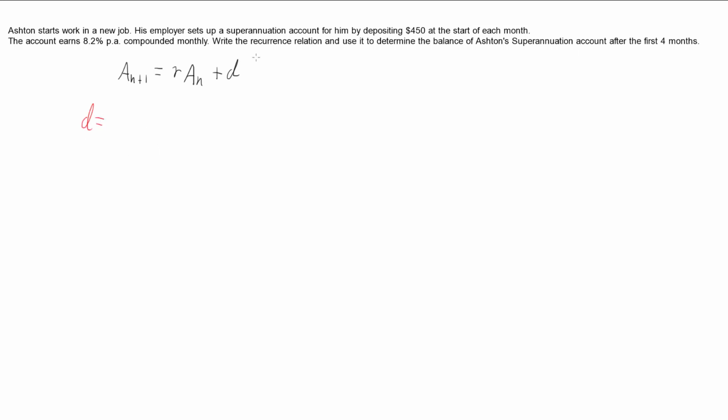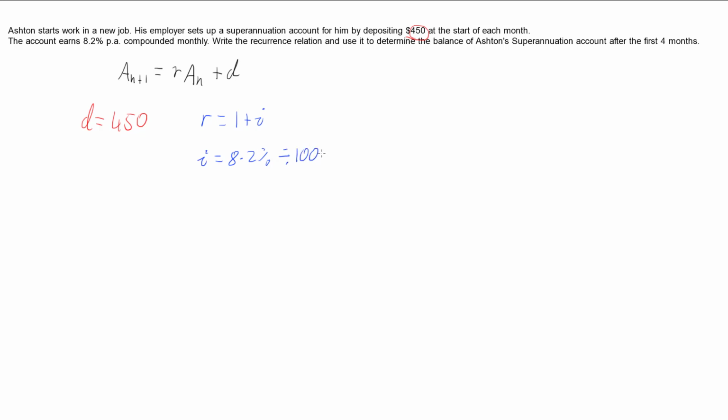D is our deposit, nice and easy every month. So that's our $450. R is given by the rule 1 plus I, where I is our interest per period. So I is going to be our 8.2%, but we need that as a decimal, so we need to divide it by 100.